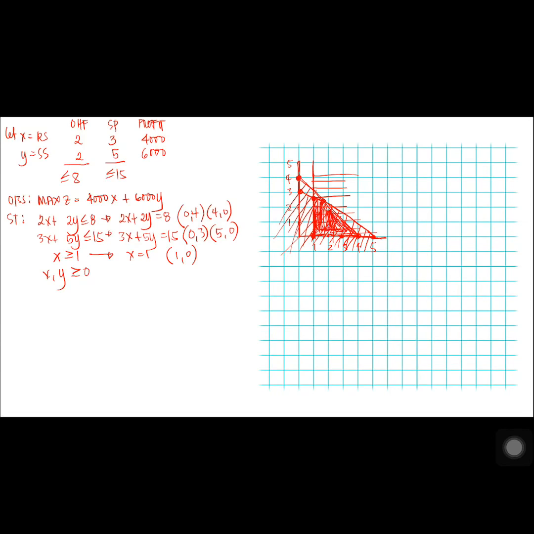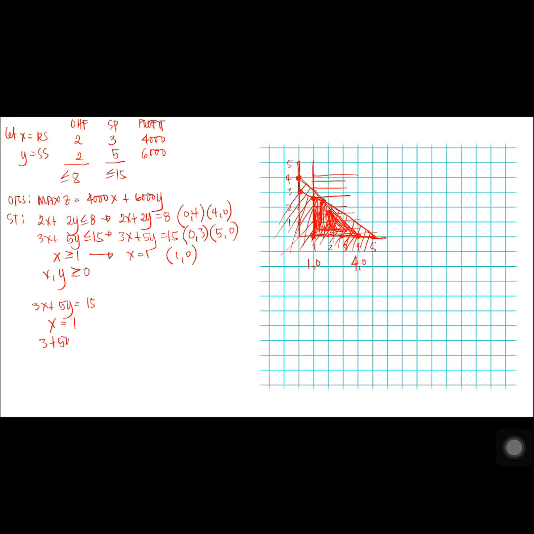Okay, so what are the vertices? We have 1, 0 and 4, 0. Then we have this one, what is this point? That's 3x plus 5y is equal to 15, and x is equal to 1.